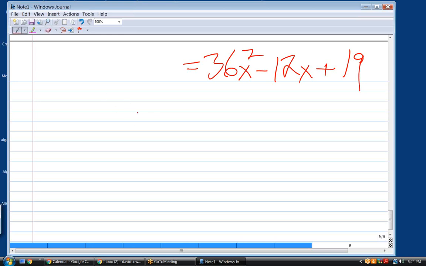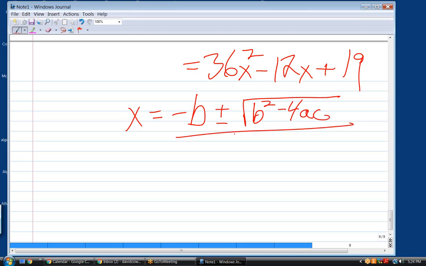What's the general quadratic formula? What's the rest of it? Plus or minus. Is it 4? It's the square root of b squared minus 4ac all over 2a.